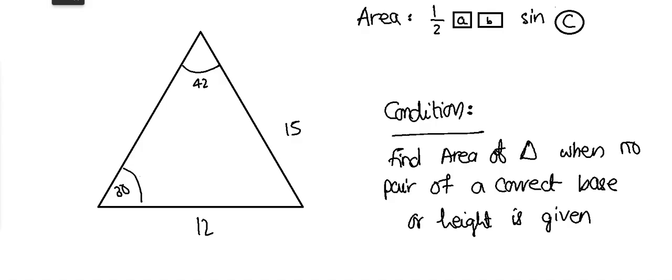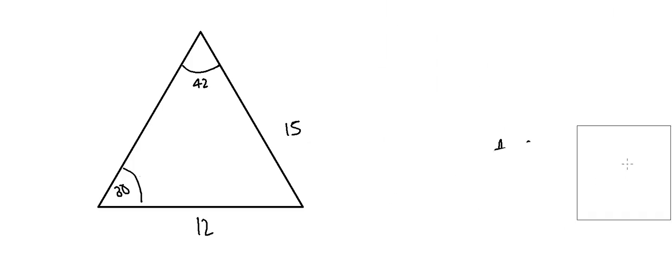Now be careful with this question. What will be the method of solving this question? How do we find the area of this triangle? Be careful. We need to have the corresponding angles and sides together.